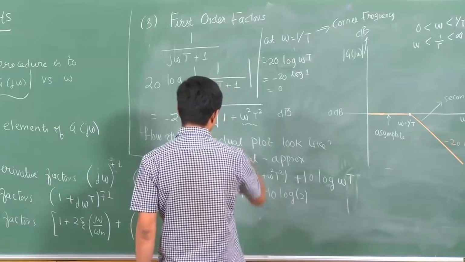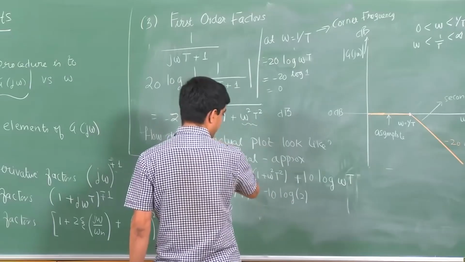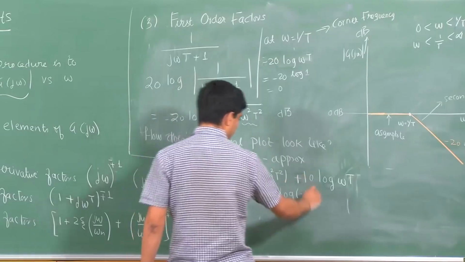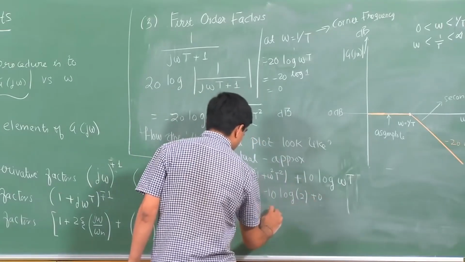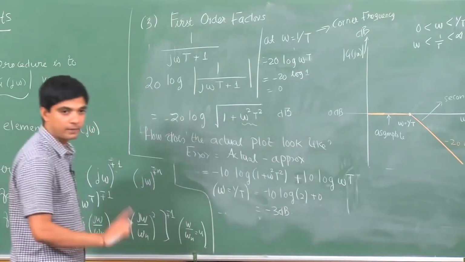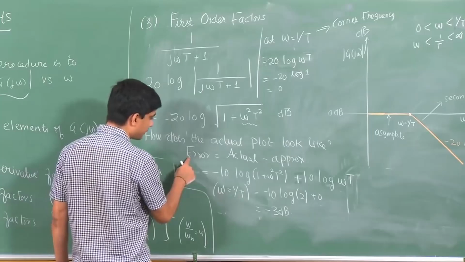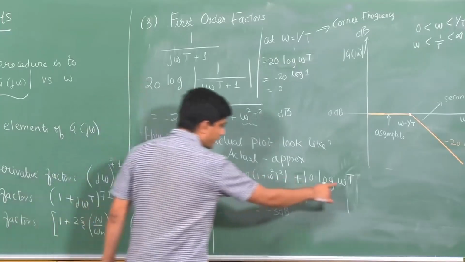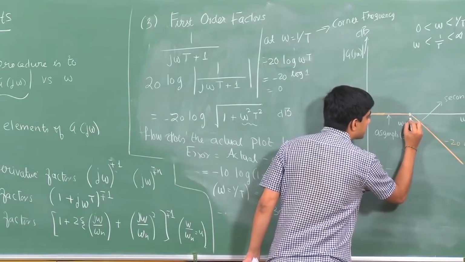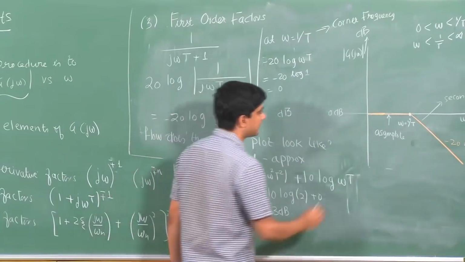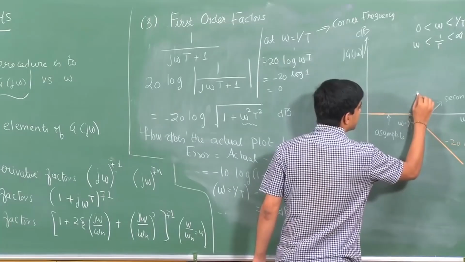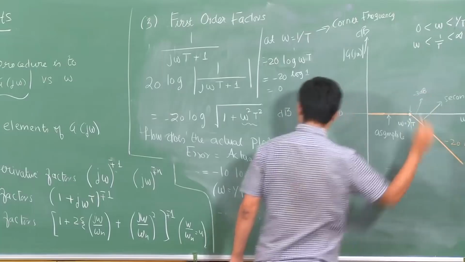So, minus 10 log 2 would be minus 3 decibels, okay, not per decade, right. So, at omega equal to 1 over T, I am just having an error of minus 3 decibels. So, I am somewhere here, where this length is minus 3 dB.